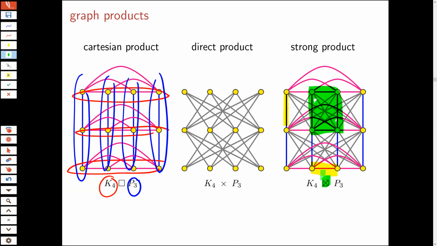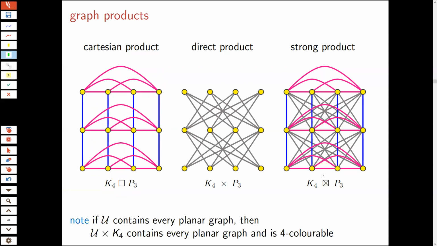The direct product of two graphs is colorable by K colors, where K is the minimum of the chromatic numbers of the two graphs in the product. So this is the obvious upper bound on the chromatic number of a direct product.